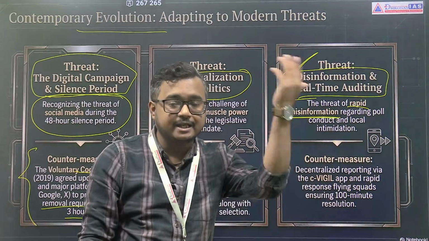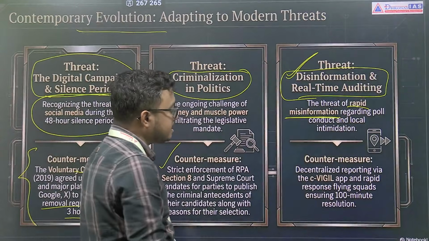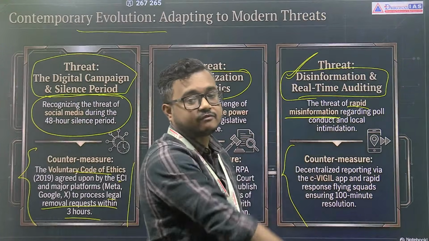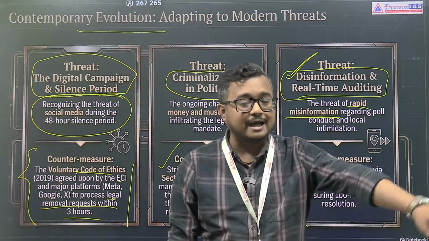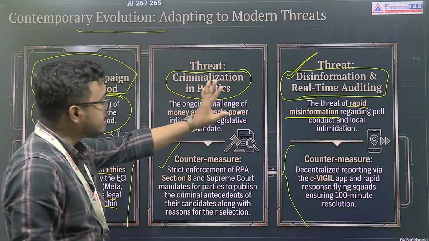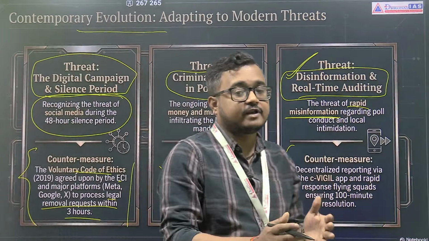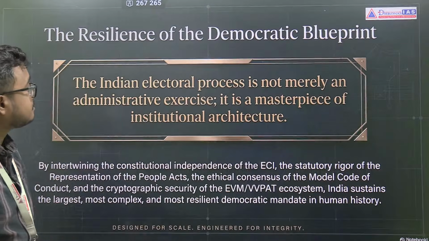If someone can simply run a campaign based on misinformation, what is the countermeasure? The cVIGIL. You can report that this is misinformation, that this is a blatant lie or something, right? So for almost every threat we have a countermeasure which again will ensure a free and fair election, right? Okay, moving on.